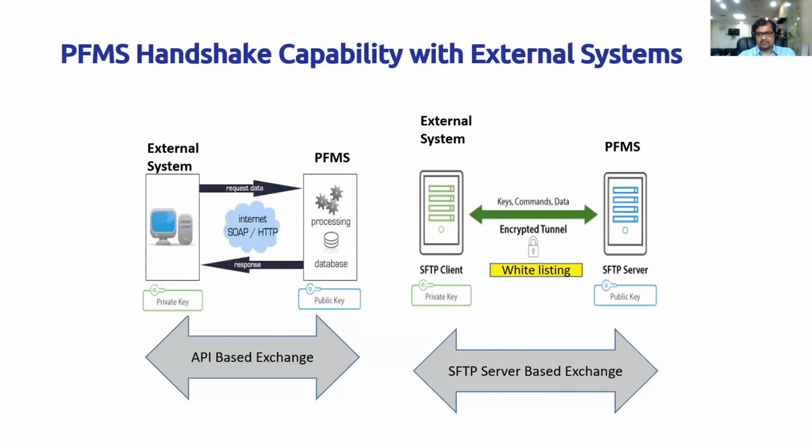Now, just to present in pictorial format, this is how the API-based exchange works between PFMS and other external systems. We also have SFTP server-based exchange, where we whitelist the external system server and then integrate through an encrypted tunnel.